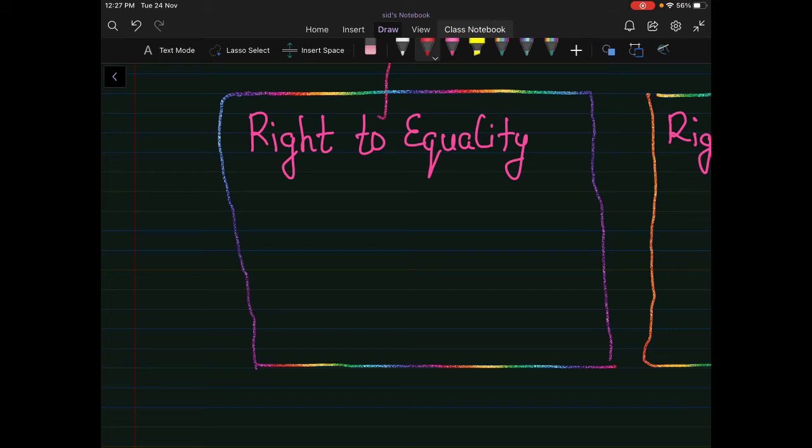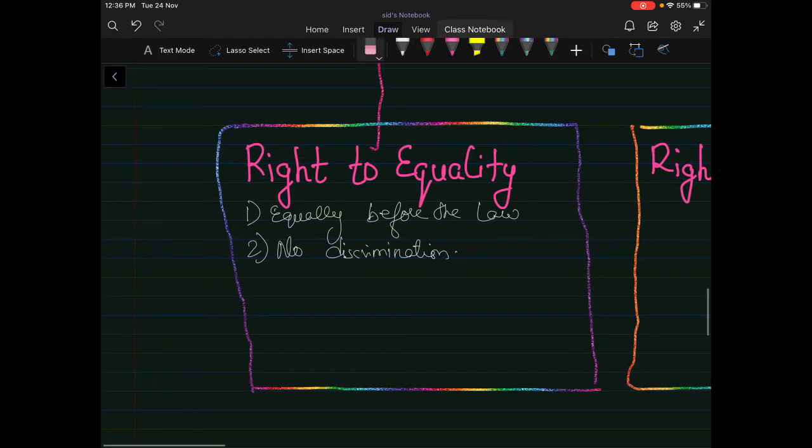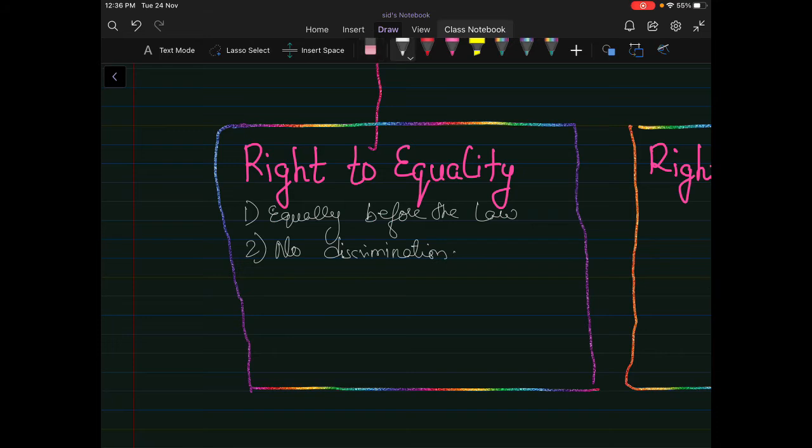Everyone should be treated equally before the law. And number 2 is no one can be discriminated against. And number 3 is the state can discriminate in favor of women, children, scheduled castes, scheduled tribes, and certain other weaker sections of society.